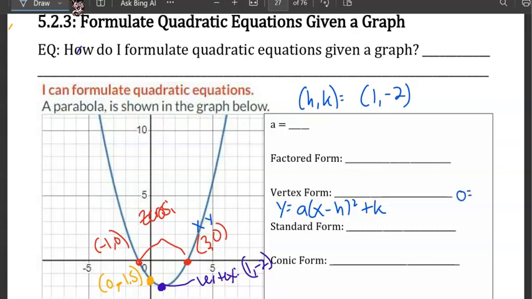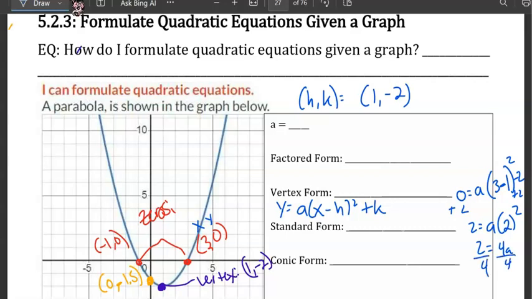So 0 equals something times 3 minus 1 squared plus -2. Let's solve for A. Add 2 to each side. 2 equals A parentheses 2 squared. 2 equals 4A because 2 times the second power is 4.